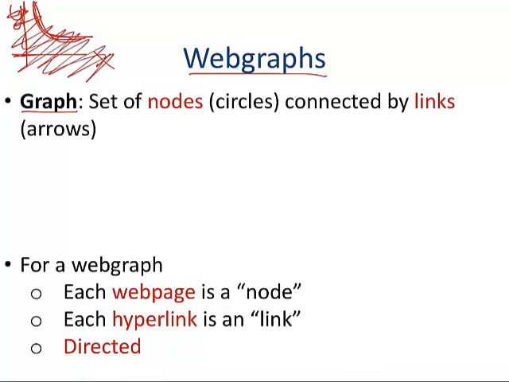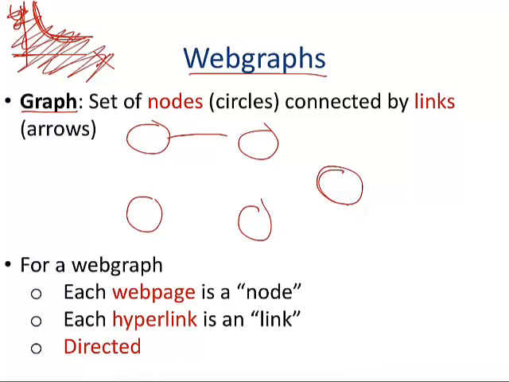When we say graph, we mean a mathematical object, which consists of a set of nodes, which are represented as circles, that are connected by links, which are represented as lines with arrows. Depending on which nodes are connected to where, we will have these links.